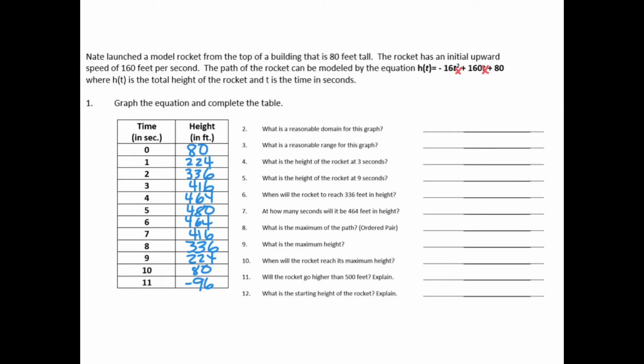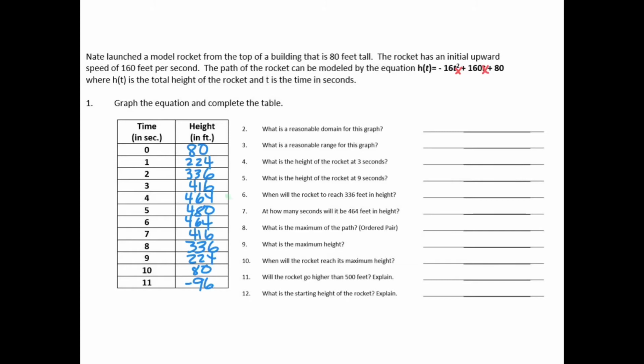So here we're going to use this tool. When we have a table, the way we can solve more of our questions and get a better idea is to look for the bouncing point, where we look for the repetition of numbers. For example, looking only at y values, here I have 464 and here I have 464.